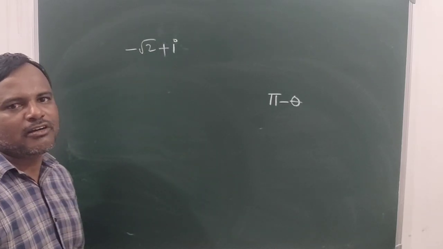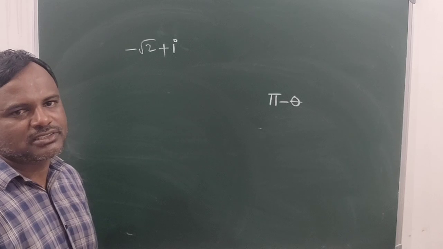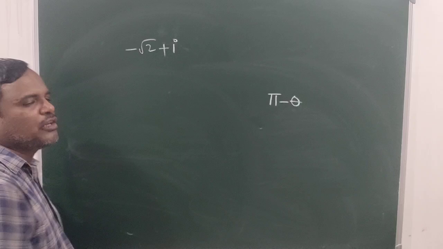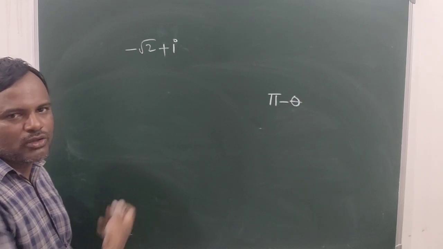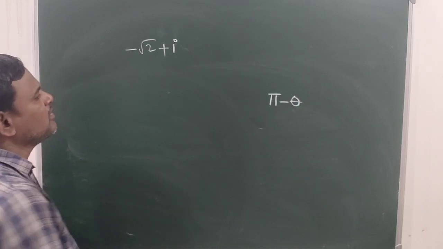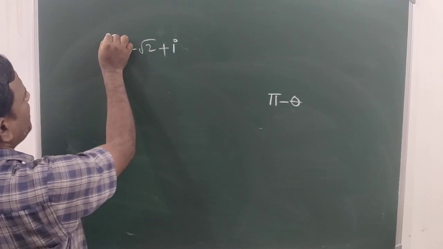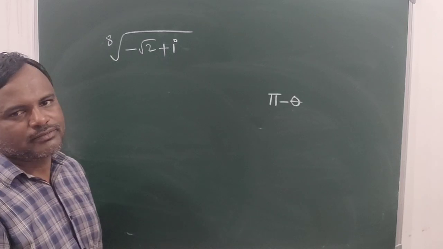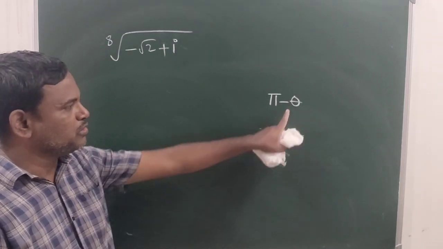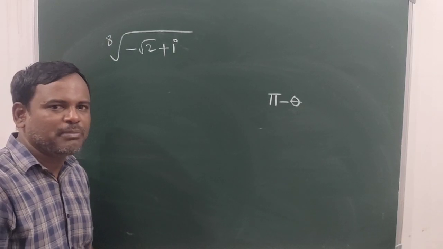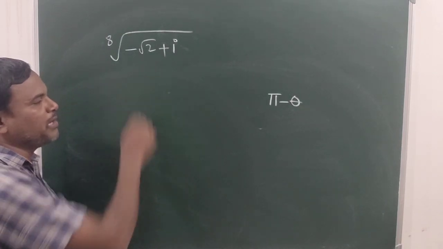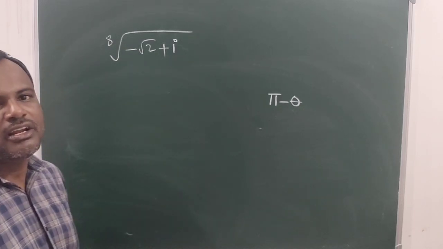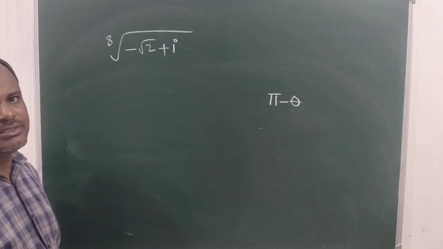First find the theta with the help of tan inverse of mod y by x, and substitute the theta value over here, so that you will get the argument, and follow the previous procedures. Like here you can take 8th root of this minus root 2 plus i. Prepare theta and substitute the theta here so that you will get the principal amplitude, find the magnitude, and apply the previous formula so that you will get your required roots for this complex number.